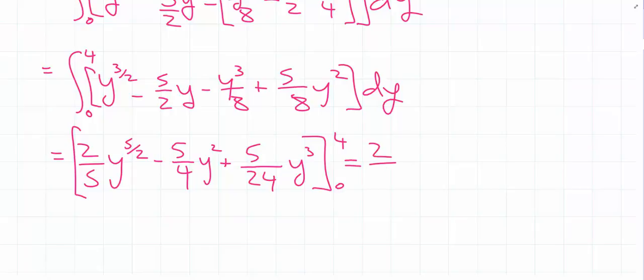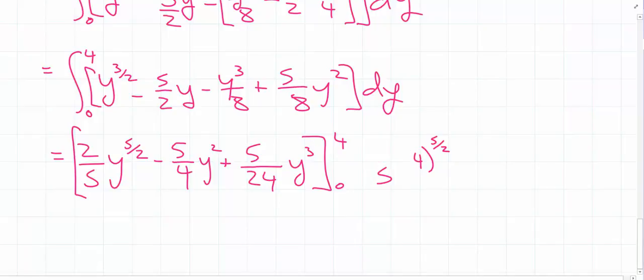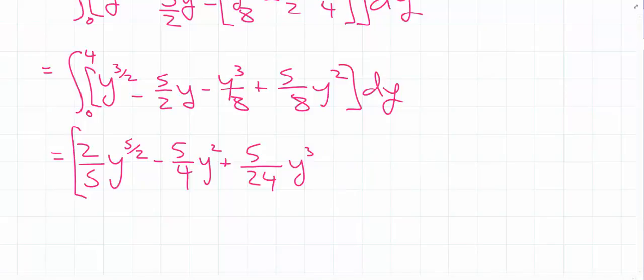So this is going to be 2/5 times 4 to the 5 halves. Y cubed over 8. I left that out. Okay, y cubed over 8. So let me put that in. Oh, that's right. I do have a y cubed over 8. Okay, so let me put that in.